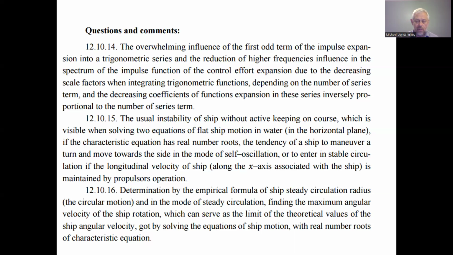Non-linear ratios we cannot solve, but we have the empirical solution to find the radius of circulation and the angular velocity of the circulation appropriate to the radius.